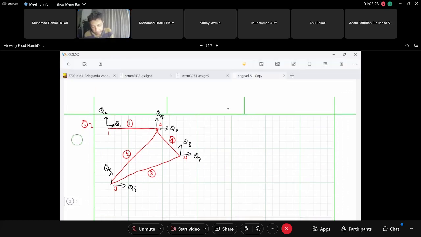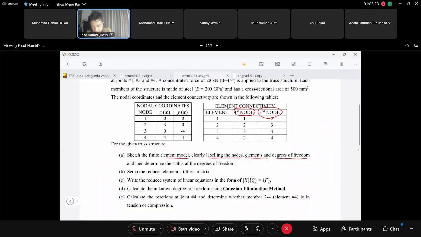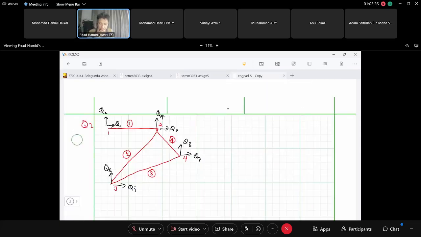What else is also a degree of freedom? Okay, that's it. Note that there are 8 Qs, right? So our global stiffness matrix is what size? 8 by 8.